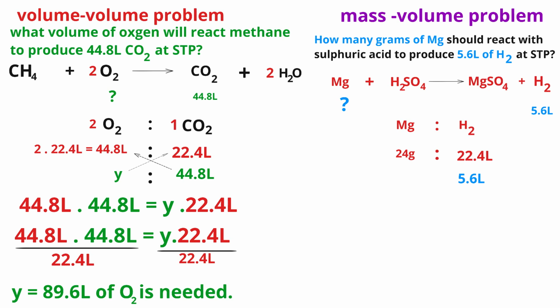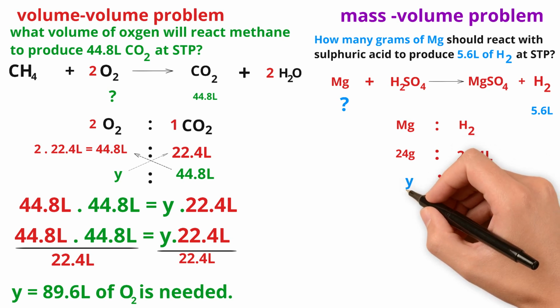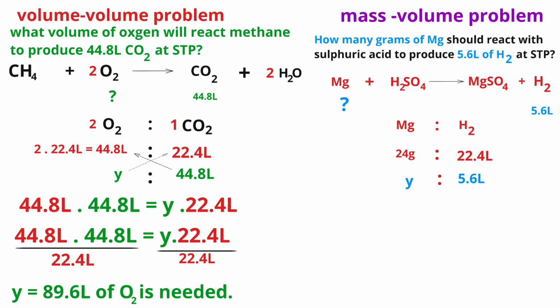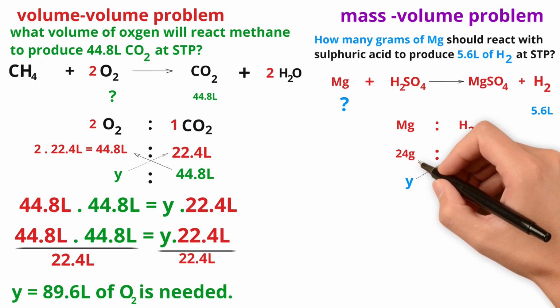The question here is, to produce 5.6 liters of hydrogen molecule, how many grams of magnesium is required? Yes, to produce 22.4 liters, we require 24 grams of magnesium. And to produce 5.6 liters of hydrogen, how many grams of magnesium are required?